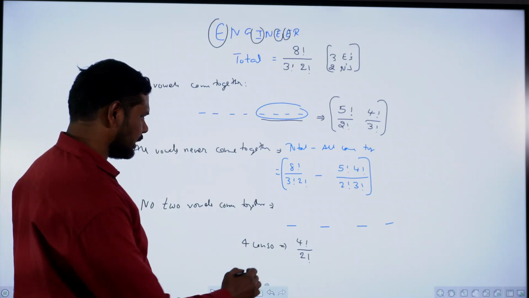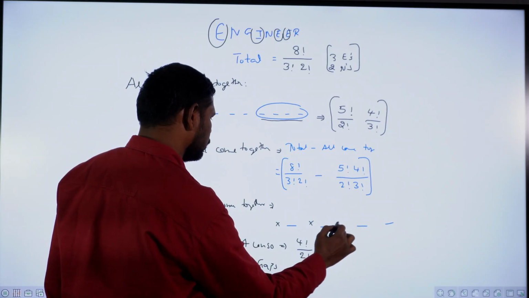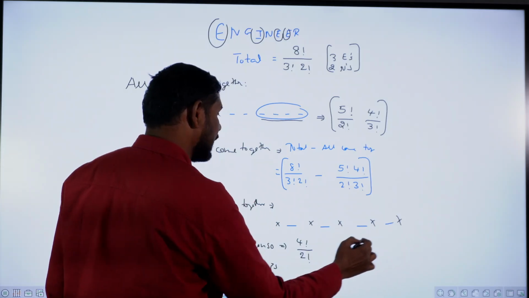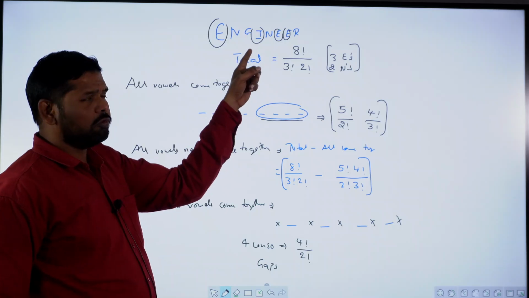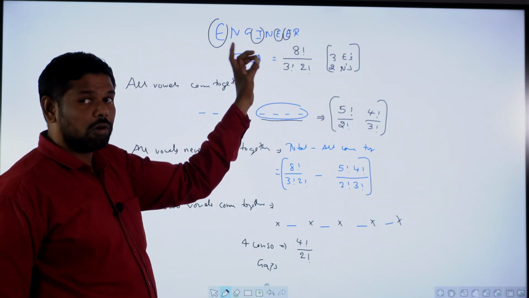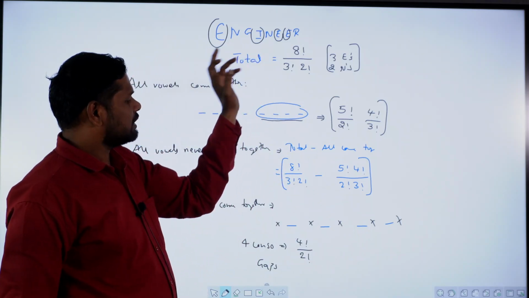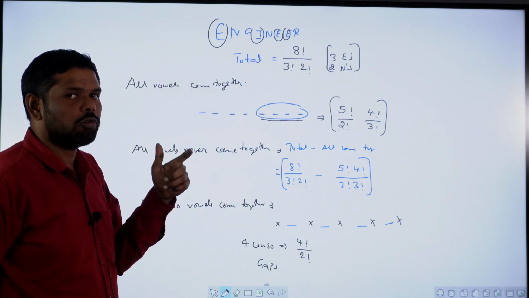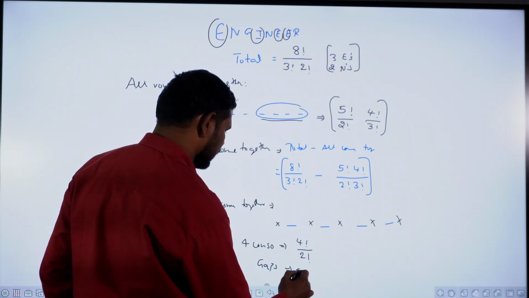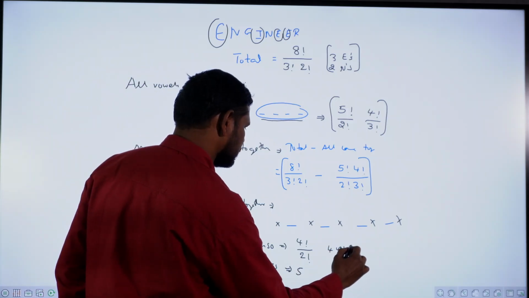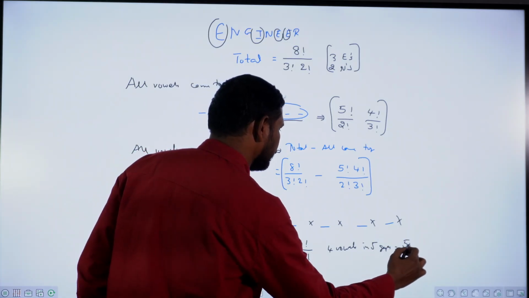And how many gaps are there? After this, 1, 2, 3, 4, 5 gaps are there. In those 5 gaps, you place the remaining 4 vowels. 5 gaps are there, and the 4 vowels can be arranged in how many ways? 5P4.